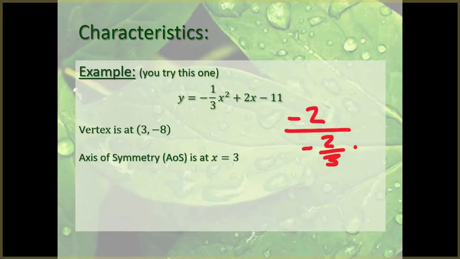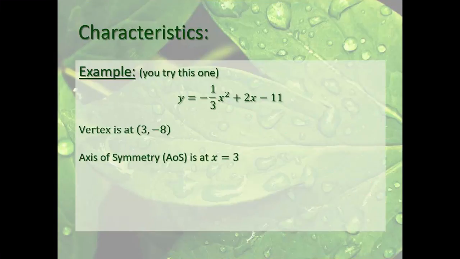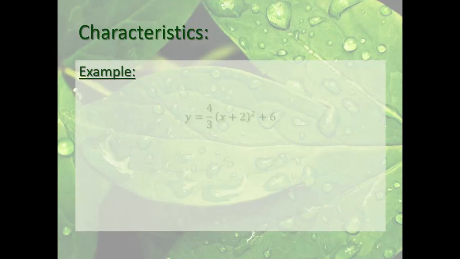Multiply the top and the bottom by 3, and you get negative 6 over negative 2, which is just 3. And then you plug that back into the equation to find your y coordinate. All right, I'm going to have you try another. Pause the video, give this one a try.